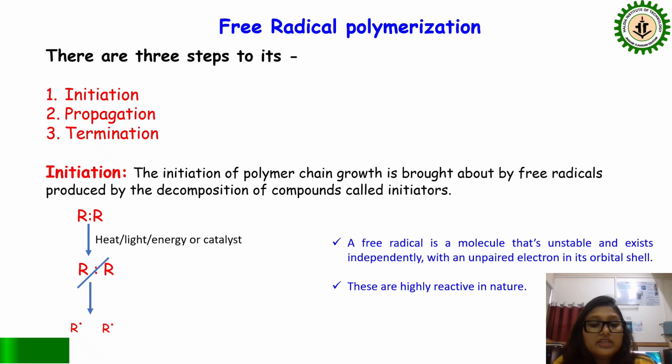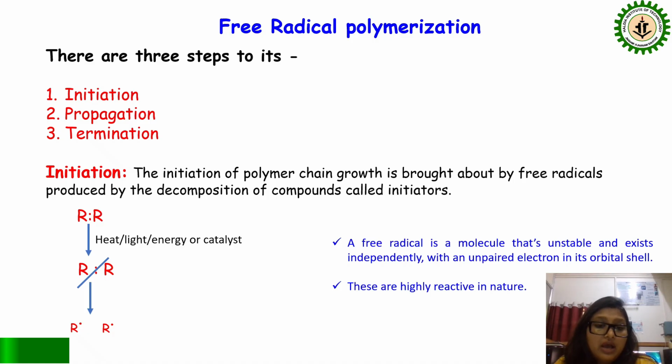Now there are three steps to be carried out: initiation, propagation and termination. In initiation, the reaction is brought about by free radicals which are produced by decomposition of compounds called initiators.